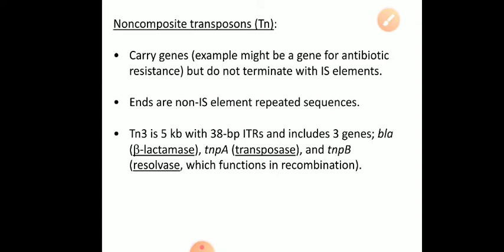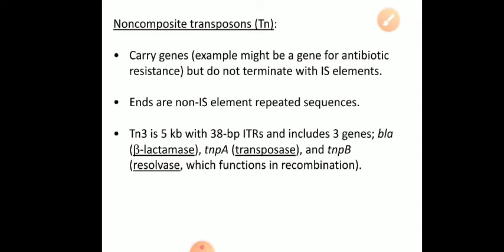In the absence of an IS element, the non-composite transposon has, in the center itself, three different genes: the beta-lactamase gene, the transposase gene which produces the enzyme transposase, and the resolvase gene which helps in recombination. So there is tnpA, the transposase enzyme producing gene, tnpB, the resolvase enzyme producing gene, and the beta lactamase gene or antibiotic resistance marker gene will also be present in the center.